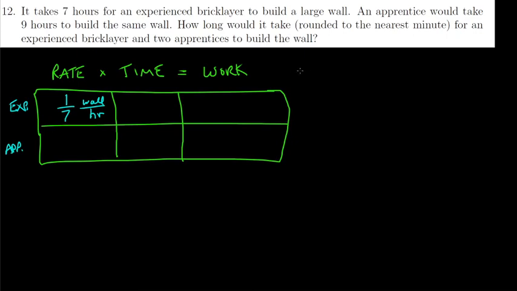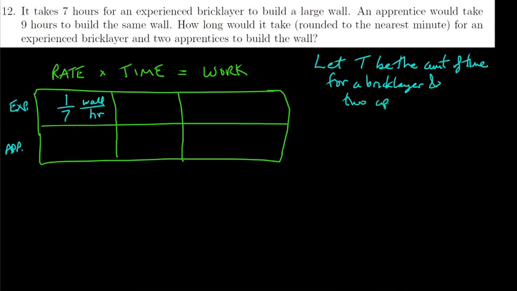Let's call it T. So let T be the amount of time for the bricklayer and 2 apprentices to build the wall. Assuming it's a wall of a house or something, it's only 7 hours, so that's just one side of a house, maybe. All right, so we're calling that T.